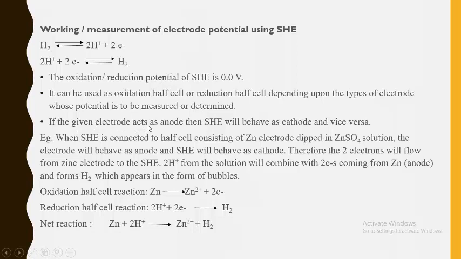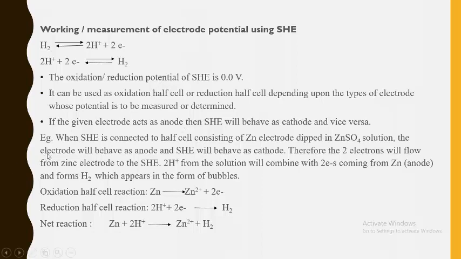If the given electrode acts as an anode, suppose you take zinc, the zinc will act as an anode, then in return the SHE will act as a cathode. For example, a copper electrode will act as a cathode, so in turn SHE will be behaving as an anode there.